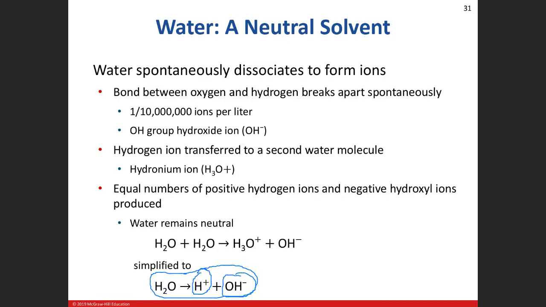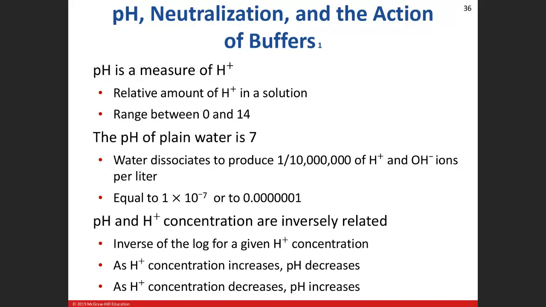So one molecule of water will give us one positive hydrogen ion and one negative hydroxide ion. Both of those will cancel each other out in relation to their charges, and we'll have a neutral solution there. Equal parts.